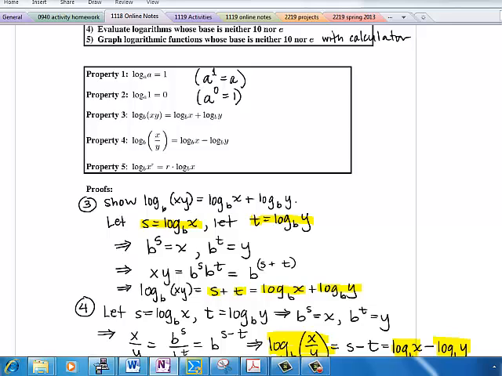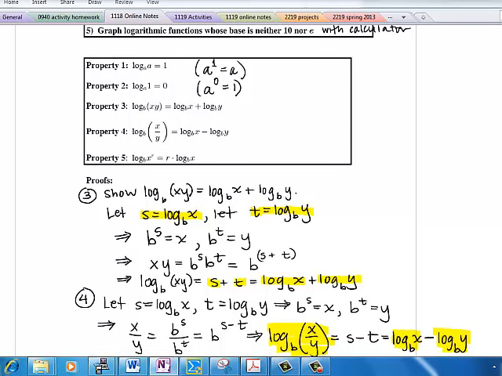So what's going to happen next is we're going to try to use these properties to either take something that's a single logarithm with a complicated input and expand it into the sum or difference of logarithms with simpler inputs, or we're going to take logarithms that are sums or differences of logarithms and try to combine them into a single logarithm.